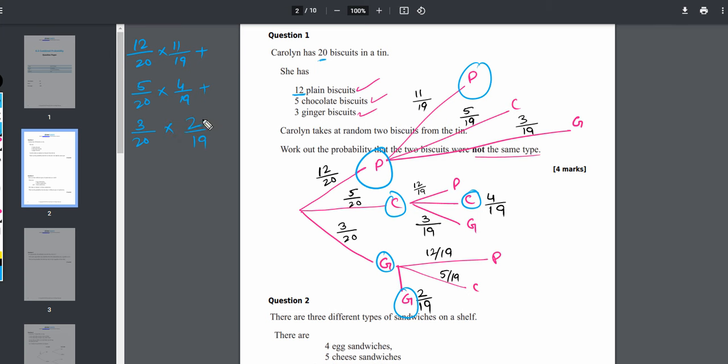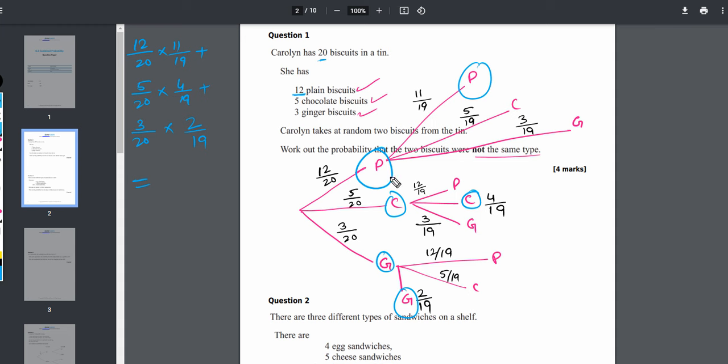So this is the probability of the same biscuits. We will subtract that probability from 1 and we'll get the probability for the biscuits that are not of the same type. So I'll just do a quick calculation and put all of these numbers into the calculator and get the probability.